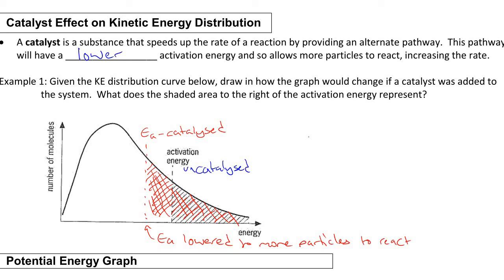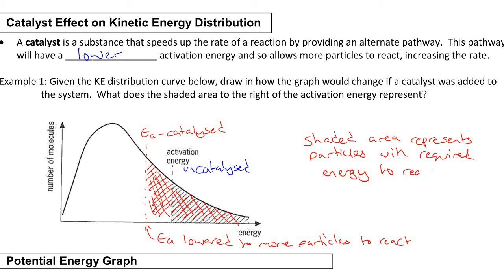So again, this shaded area, when we look at these KE graphs, remember it's always the shaded area that represents the particles with the required energy. So without the catalyst, there was only the certain percentage, the originally shaded part.